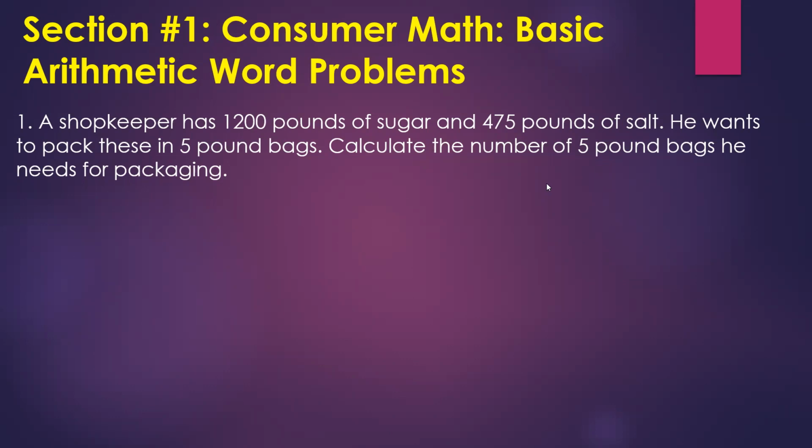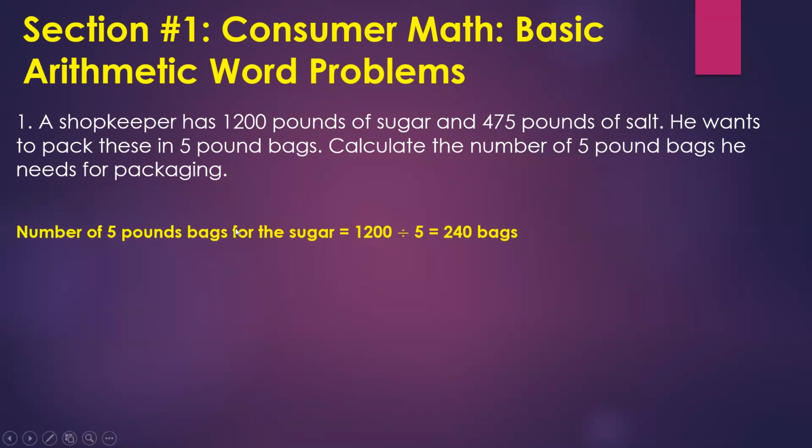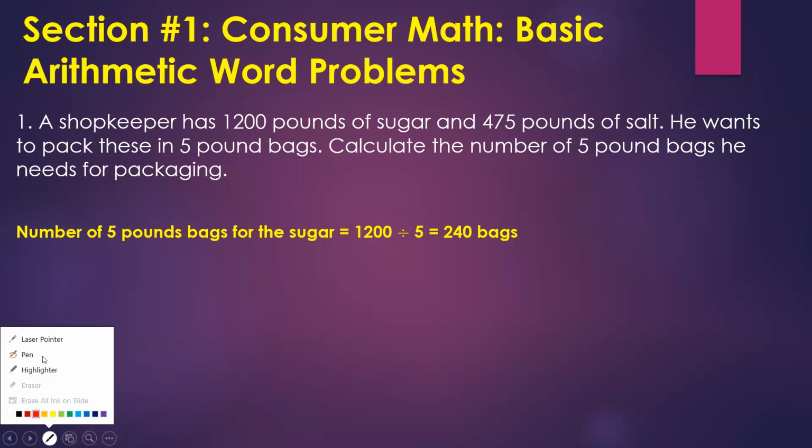Okay. So the first thing that we're going to do, please write down this question. The first thing that we're going to do is first figure out how many 5-pound bags of sugar can you get? So how many pounds of sugar do we have? 1,200.